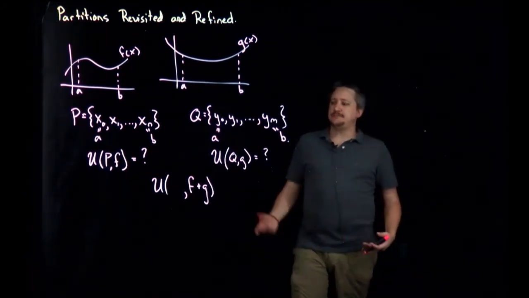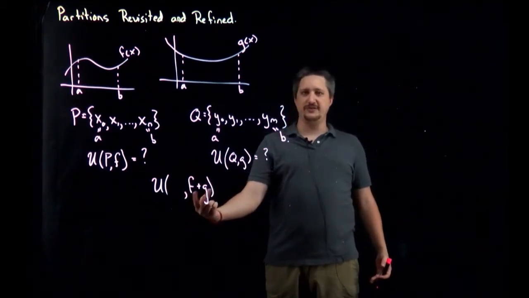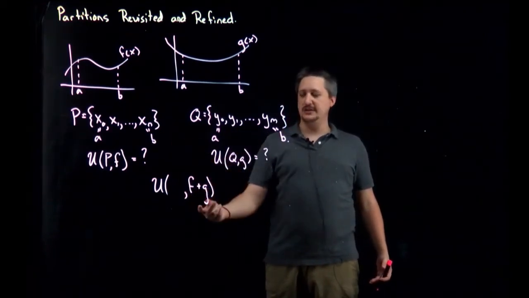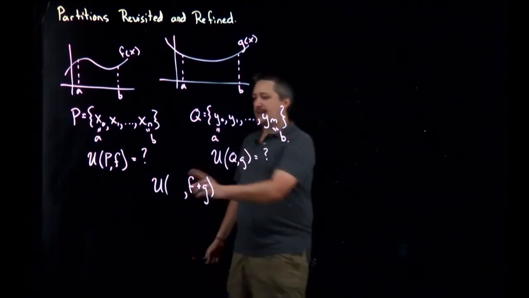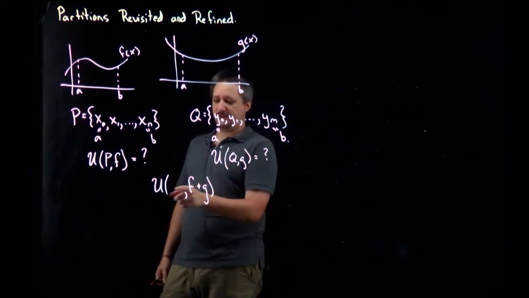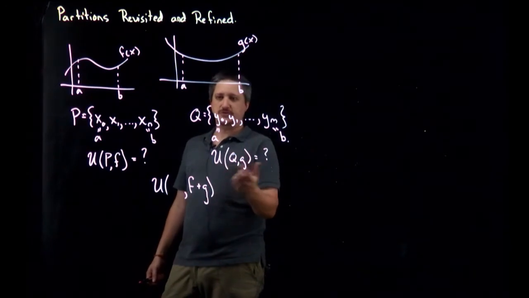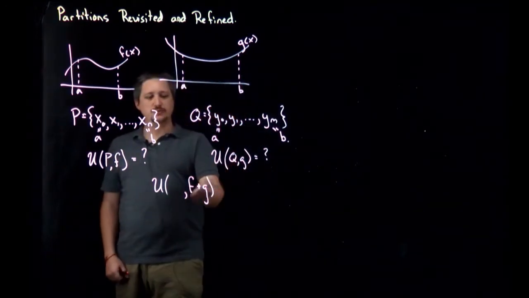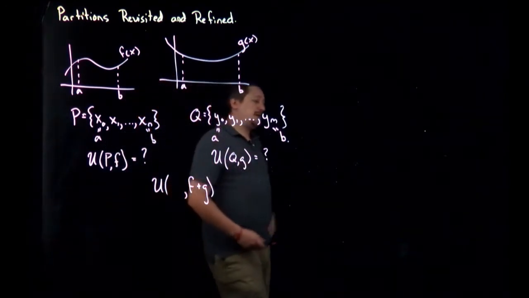So the problem is that if I want to talk about the upper sum of a function, even if that function is the sum of some other functions I know stuff about, I need a partition that I use. But I can't use p here, because even though I know stuff about how f is linked to p, g never had p, right? It used q. Likewise, I can't use q because f has nothing to do with q. So I shouldn't say I can't use it.